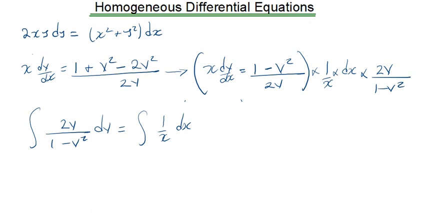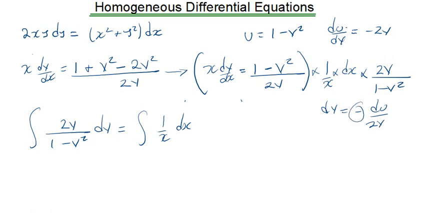All right, so at this point you can use u substitution, where you let u be equals to 1 minus v squared, meaning your du dv will be equals to minus 2v, of which your dv will be equals to minus du over 2v.